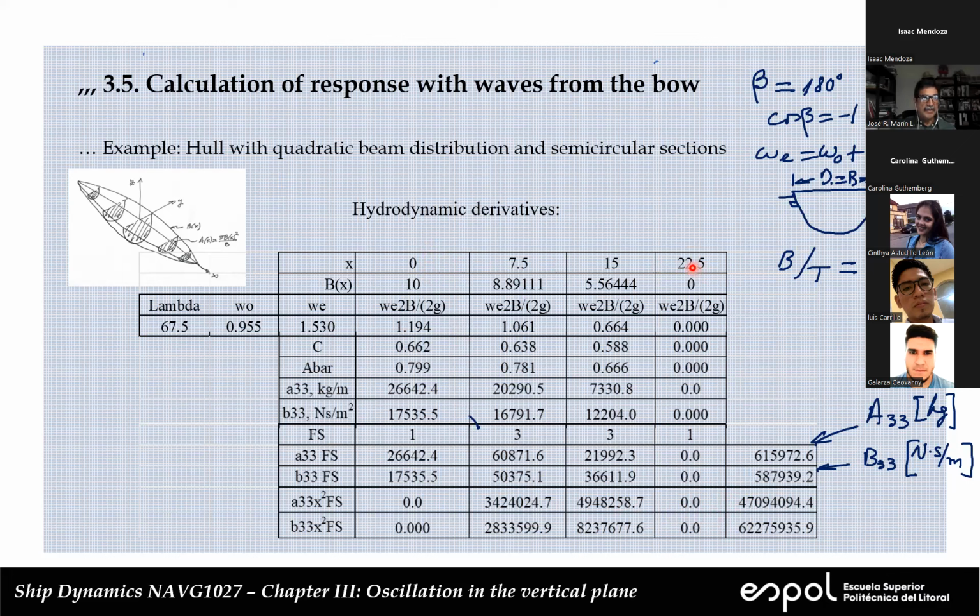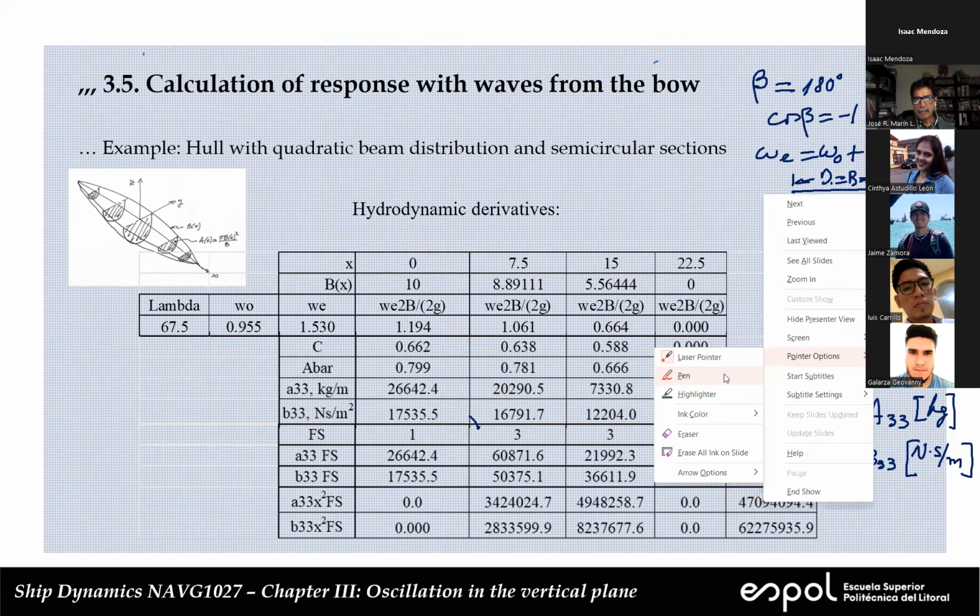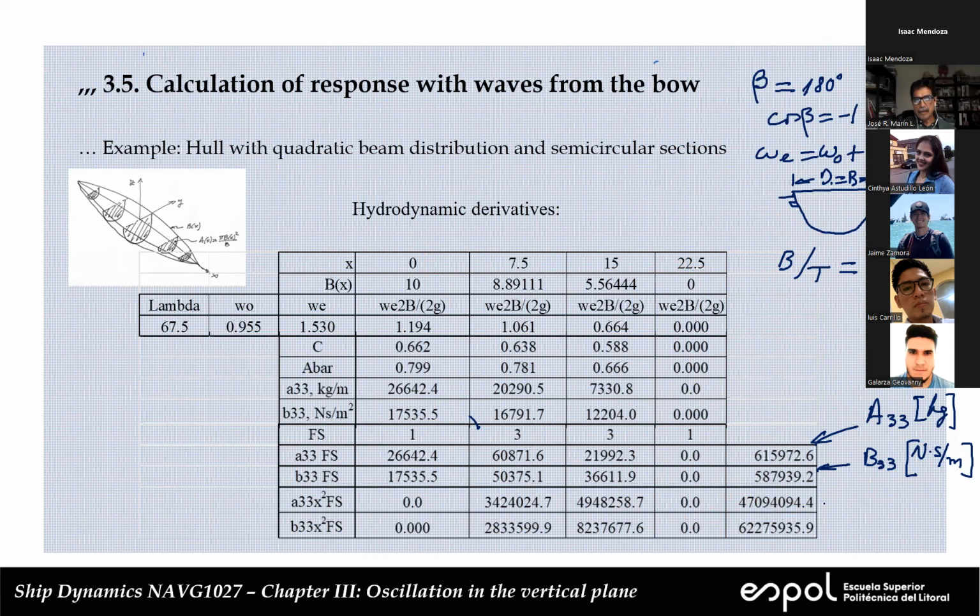Since it is a symmetric case, we double that, and this is what we have here. So what is this value here? A55. Exactly. This is A55, and correspondingly, this is B55.